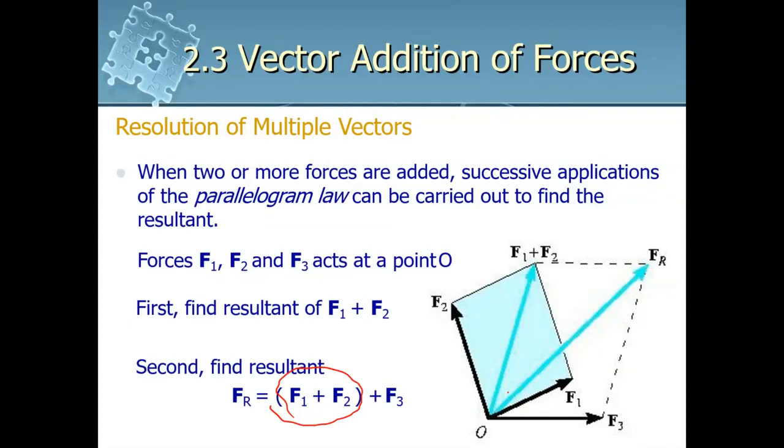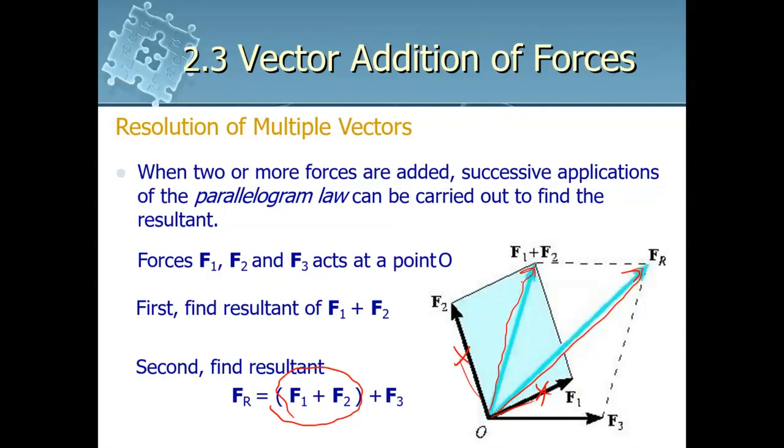So I had F1, F2 group together, and that is the outcome. Now I don't have to worry about this. All I have to worry is the result of that group with the first one. Now this is like a two vector adding together, and that is the resultant, right? But yeah, that's not a feasible way.